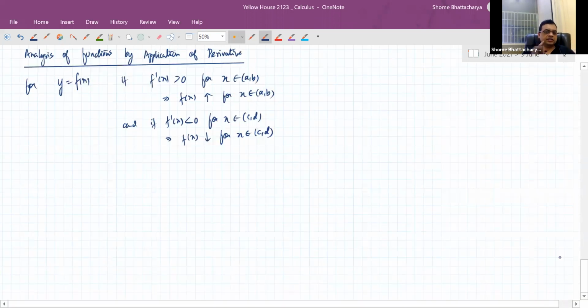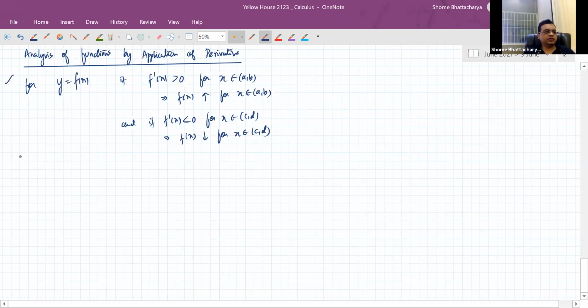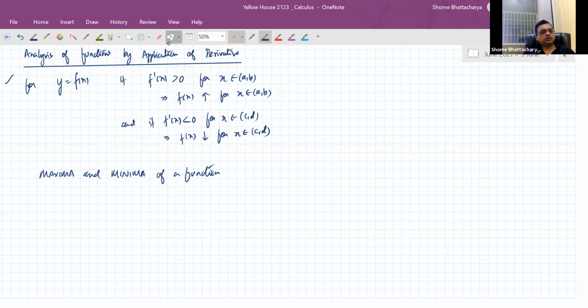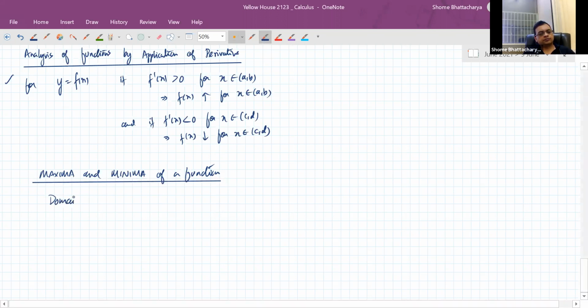Now we will take this analysis a little bit further today. We will understand the concept of maxima and minima. So this is one thing we've already seen before. Now the next thing we'll see is maxima and minima of a function. And in order to define maxima and minima, first we need to understand two more terms: the concept of domain and range of a function. So domain of a function, so let's say the function is y is equal to f of x.